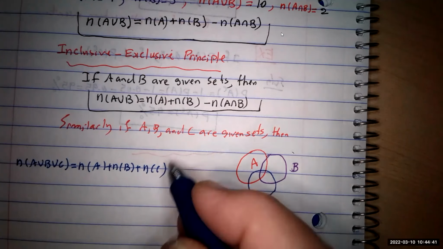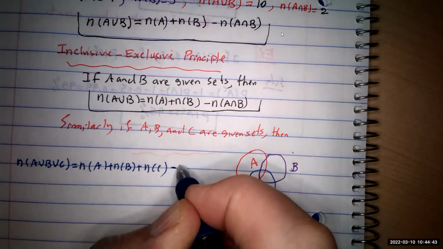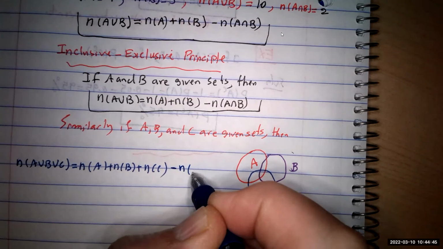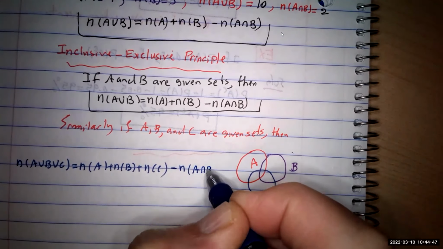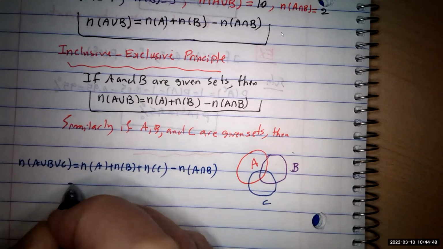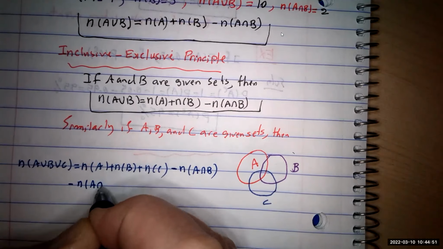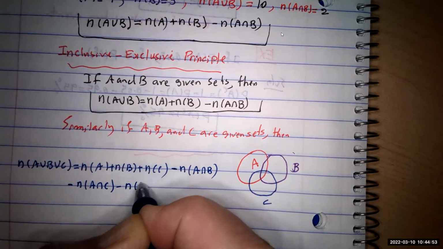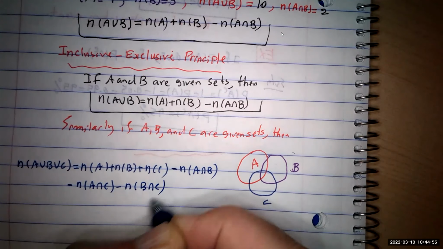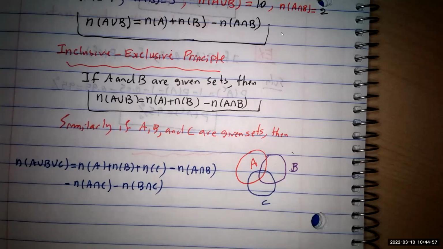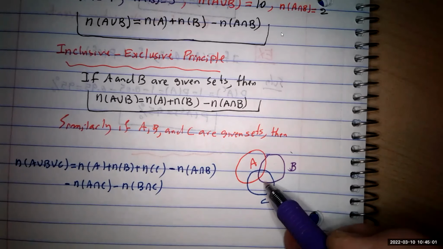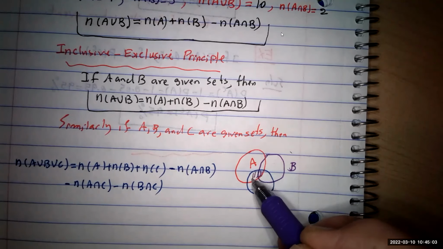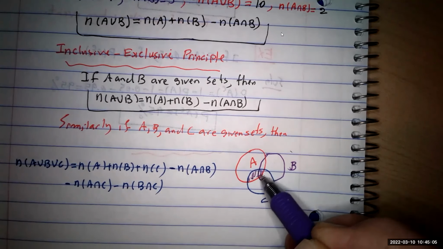So it's going to be minus N of A intersect B, minus A intersect C, minus B intersect C. See what you do, you're just taking out these parts that you're going to have.